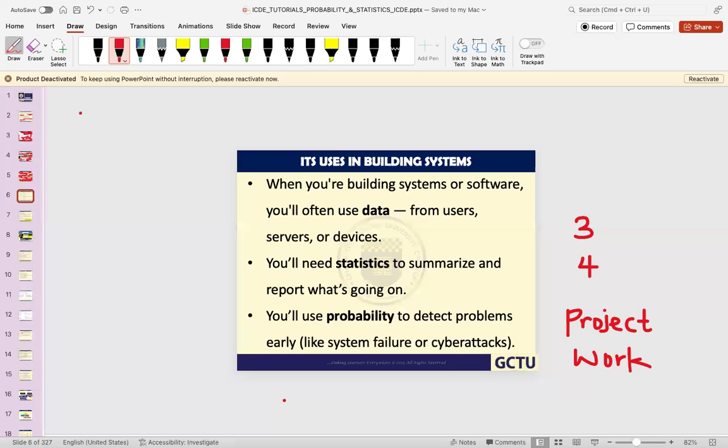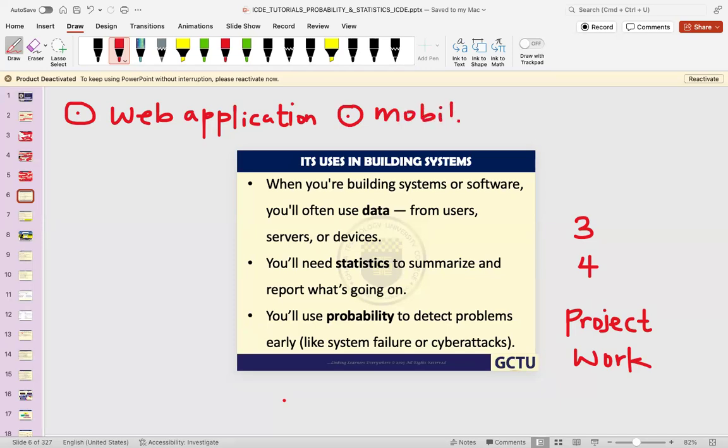There are 3 areas you have to build a system. The first one is either you build a web application to solve a problem, or you build a mobile application to also solve a problem.